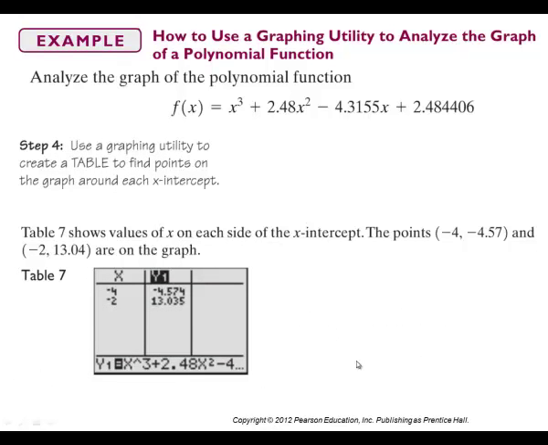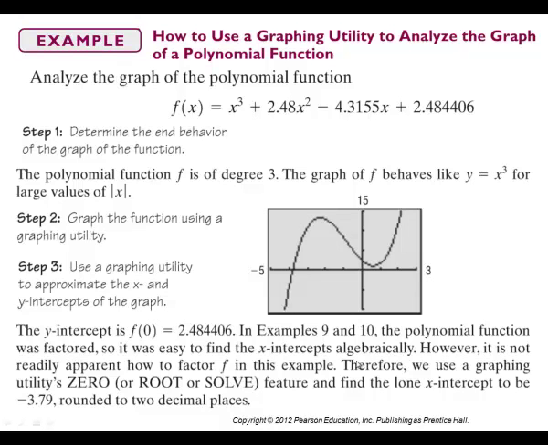They don't even show -3, but -2 has a positive y value. Here's -2. Here's -4. -2 is a positive y value. -4 has a negative. So you know it has to go through the x-axis because one y value is positive and the other y value is negative.